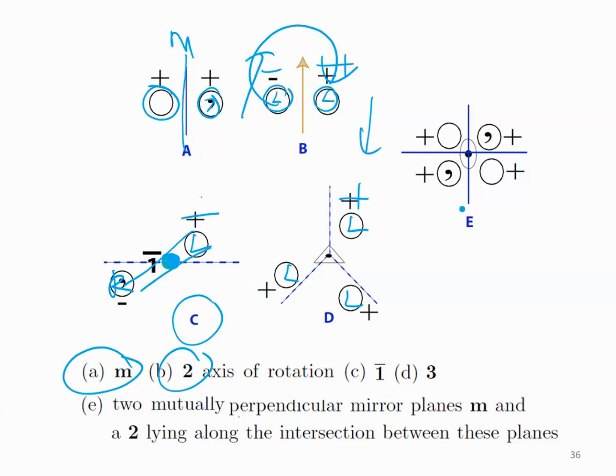How about E? This is right hand, right hand, this is left hand. So right hand to left hand, this is a mirror plane. Left hand to right hand, another mirror plane. Then right hand to left hand to right hand. And then this left hand to left hand is through the 2/4 axis. Then this right hand to right hand is through the 2/4 axis. Right?